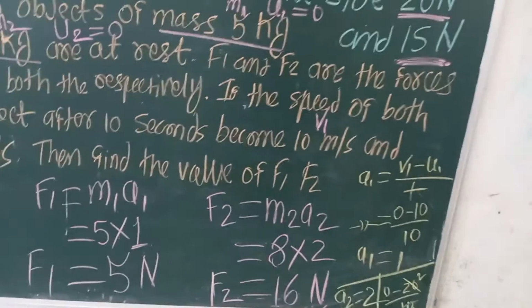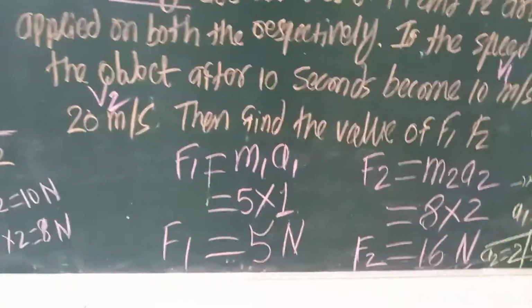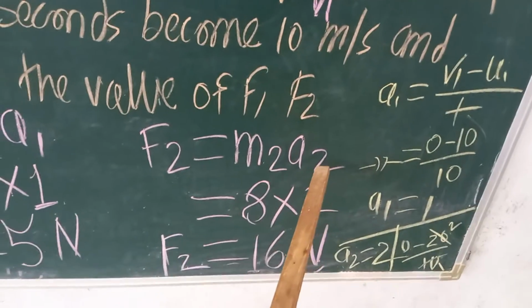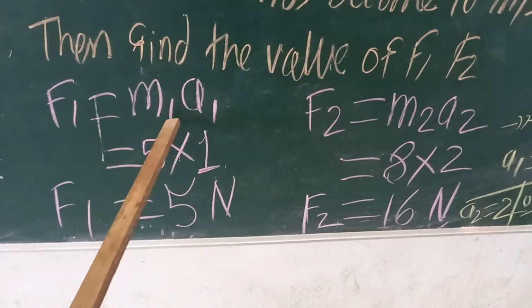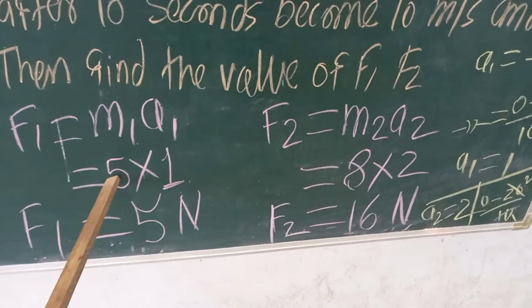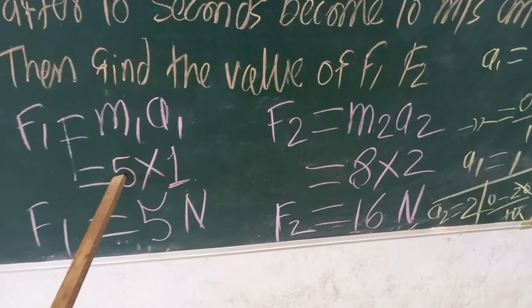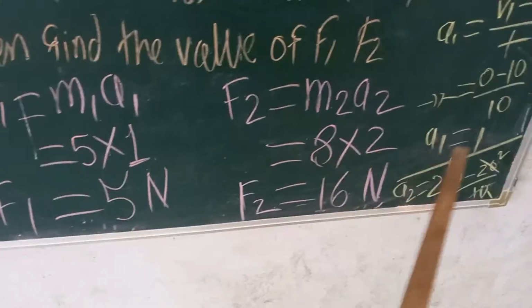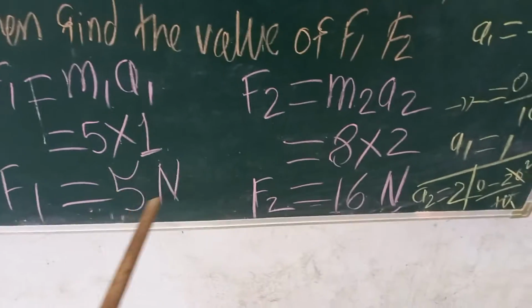So we can put these values in the formula. F1 is equal to M1 A1 and F2 is equal to M2 A2. How much is M1? 5 kg, multiplied by A1, which is 1. So F1 is 5 Newton.